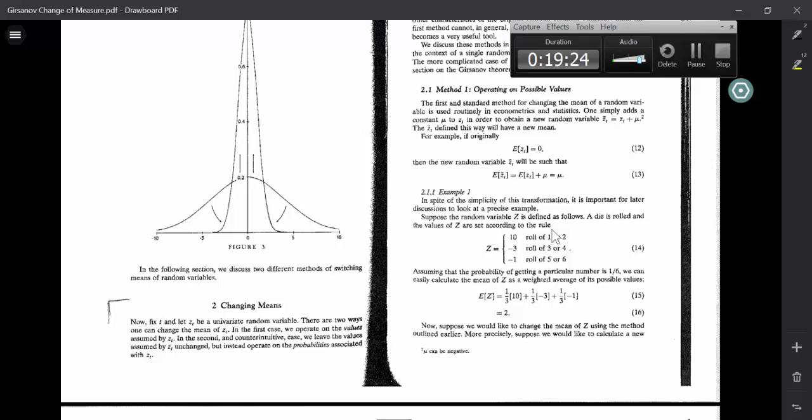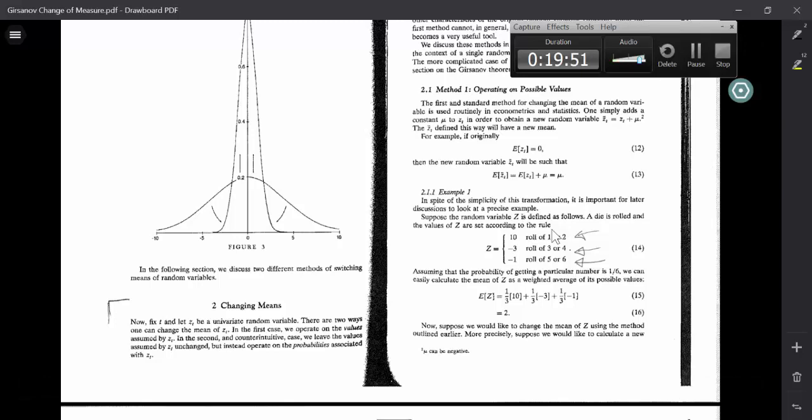So there are 6 possibilities. If you roll a 1 or a 2, you get $10. If you roll a 3 or a 4, you lose $3. If you roll a 5 or a 6, you lose $1. Is everyone okay with that? Very simple game.